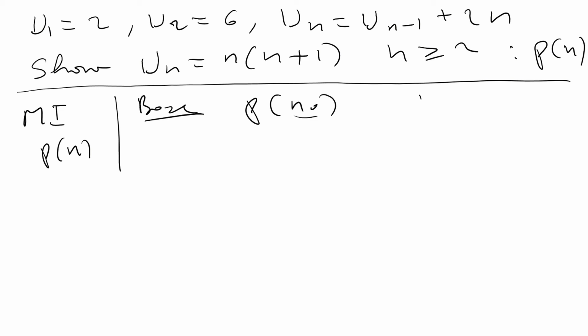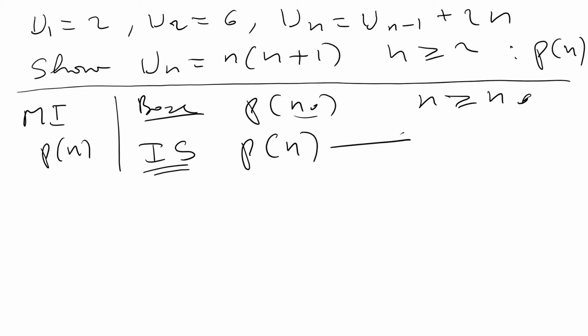So in this case, n has to be greater or equal to n0. Then you assume the inductive hypothesis, in the inductive step. For the hypothesis, you assume that P of n is true. Then you want to show that P of n plus 1 is true. So that's the principle of mathematical induction.